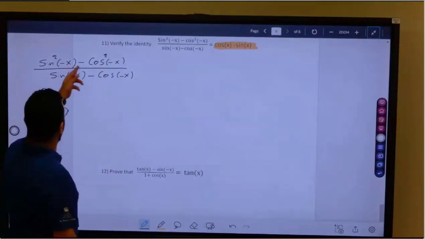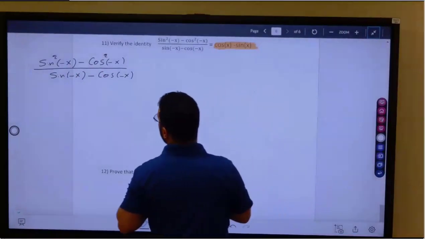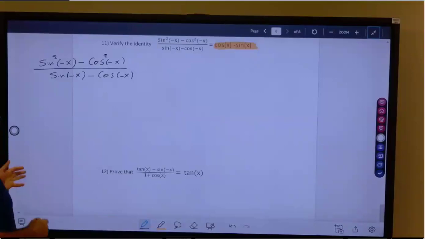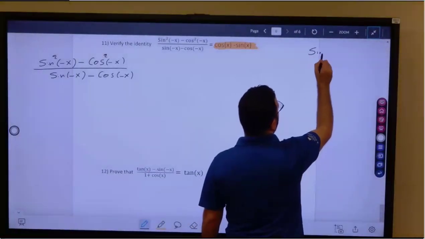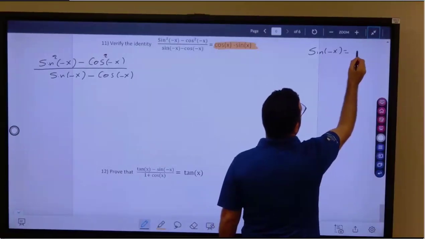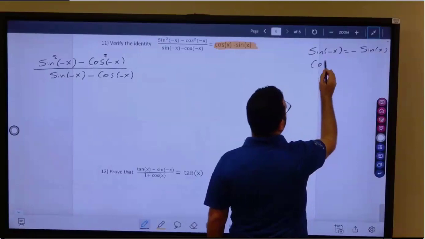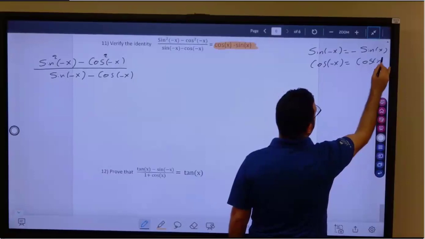If you look, all these angles are negative. So if you go back to the first page of section 7.1, where we have negative angles, sine of negative x is going to be negative sine x. Cosine of negative x is going to be cosine x.